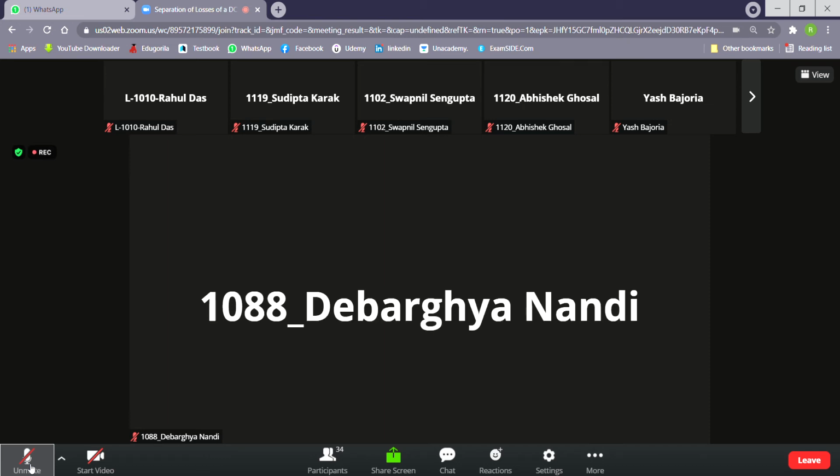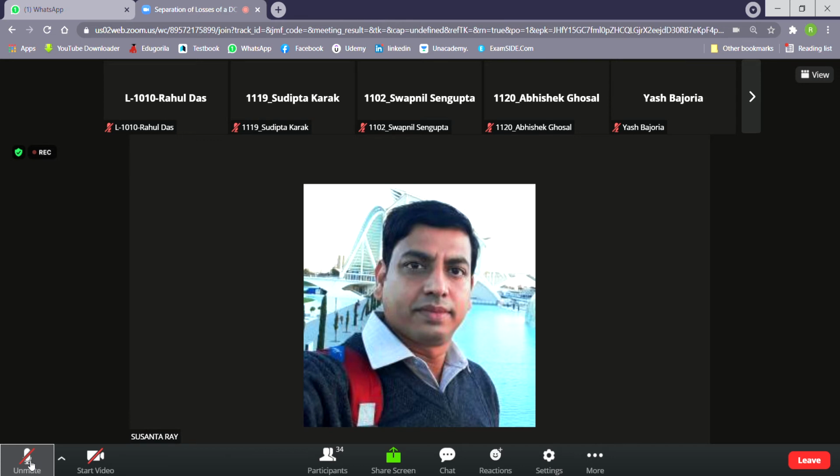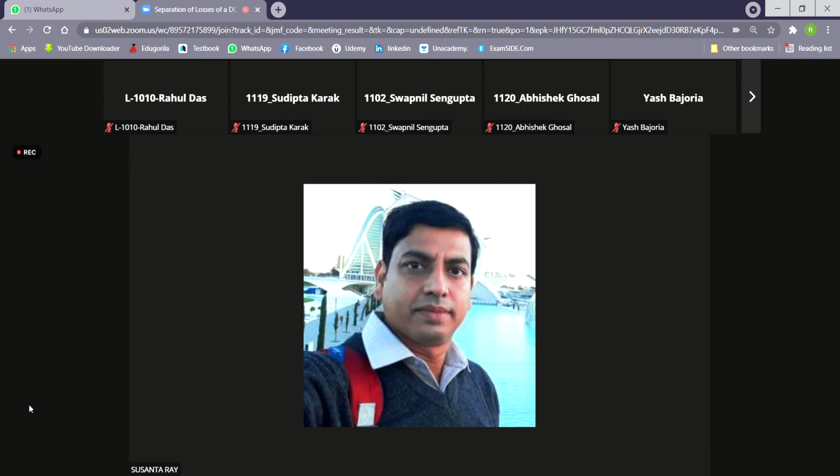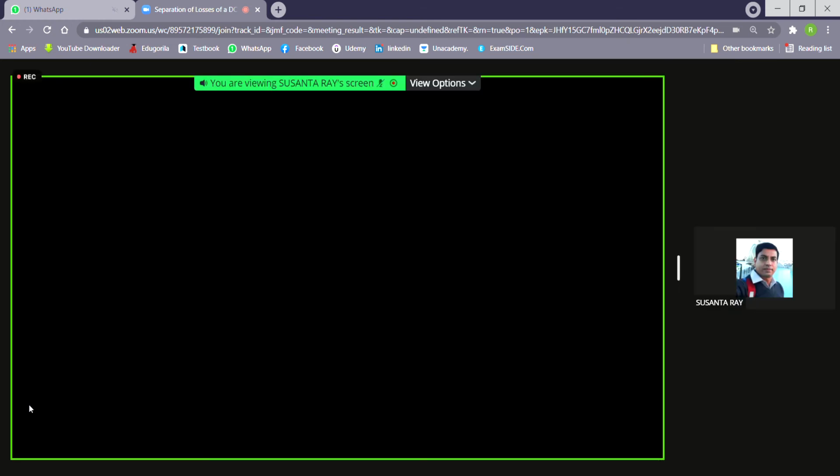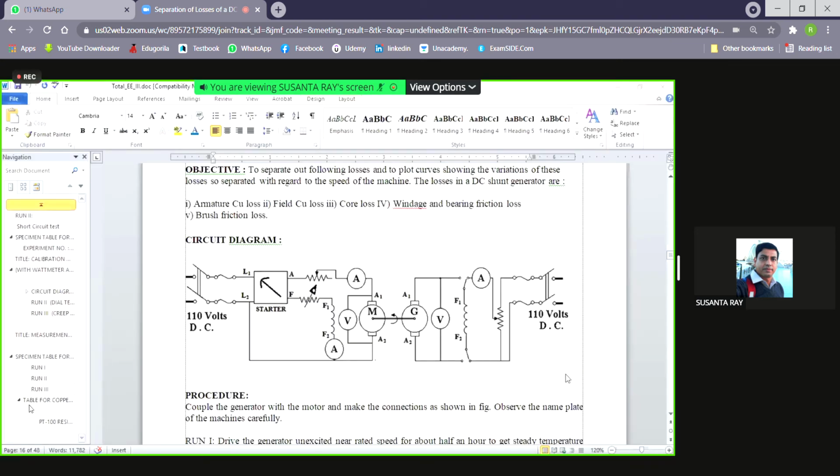Okay, so then it's okay. So we have understood the first circuit diagram that is used for the motor. Then we'll see the next circuit diagram, which is used for the generator. Can you see the circuit diagram once again? In this motor circuit, you see the voltmeter is connected.